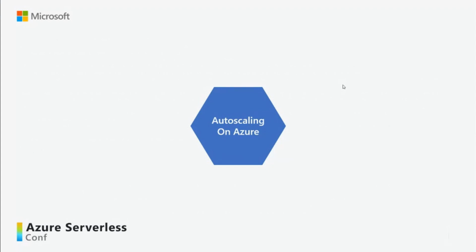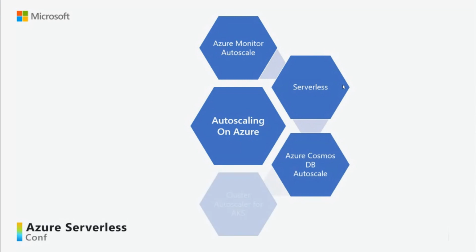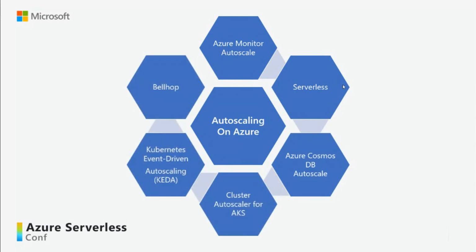Now, if you have a look at auto-scaling on Azure in general, there are various auto-scalers or ways to scale your application out there. Just to name some examples, you can use serverless technology, what we will be talking about today. You can use Azure Monitor Autoscale, which is somewhat of a good example of a good autoscaler.